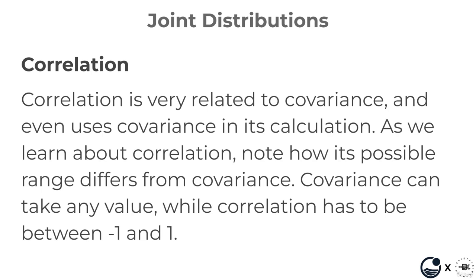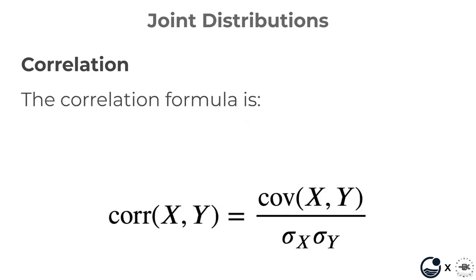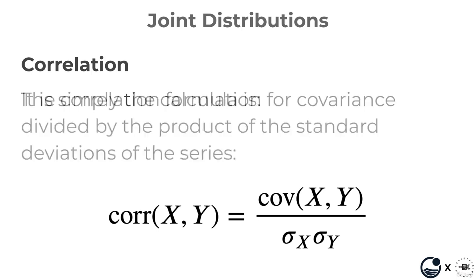So remember that covariance could go from negative infinity all the way to positive infinity, while correlation has to be between -1 and 1. So essentially, any data points that you feed into a correlation calculation are always going to spit out a value that's between -1 and 1. So here is the correlation formula. Pretty simple, right? It's just using covariance.